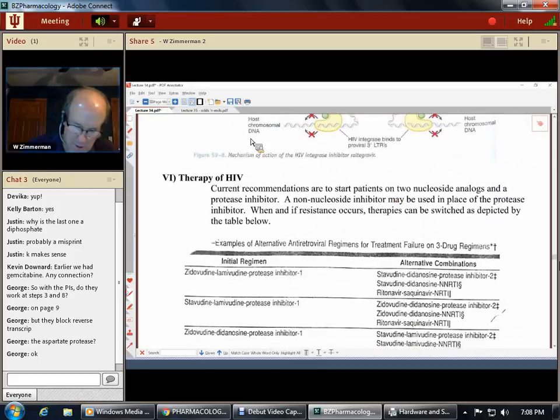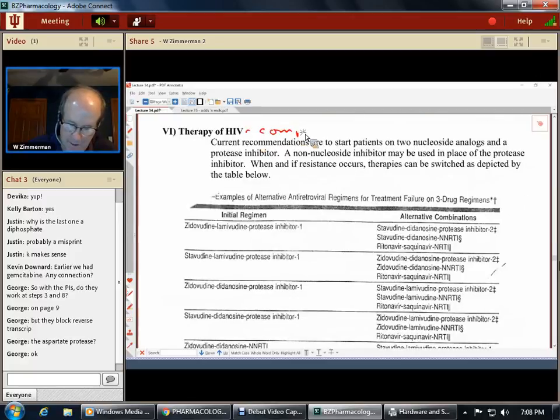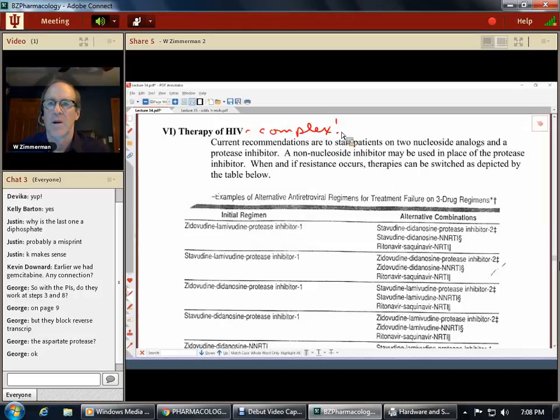HIV therapy is complex. That's why if you're going to really be working with patients with these drugs, you need to work in a clinic that's explicitly an HIV clinic. But basically, we start somebody on two nucleoside analogs and a protease inhibitor. A non-nucleoside analog may be switched in place of the protease inhibitor, so you can have somebody on three of the nucleoside inhibitors.